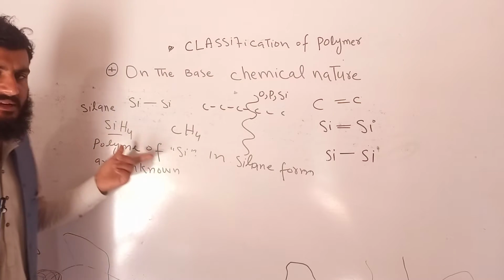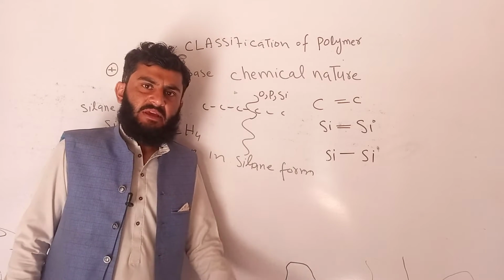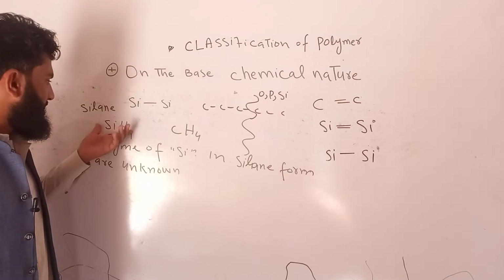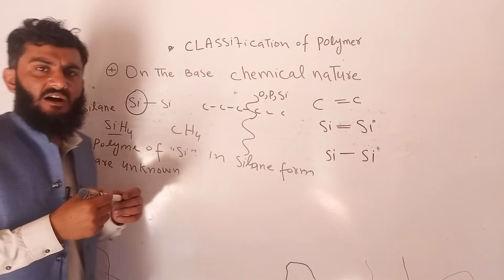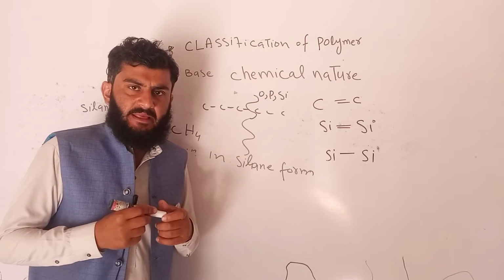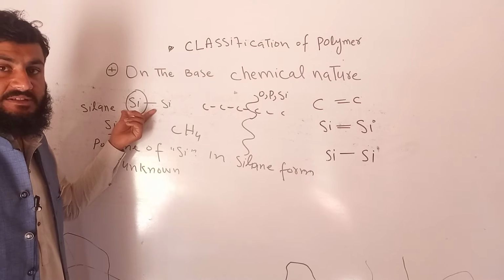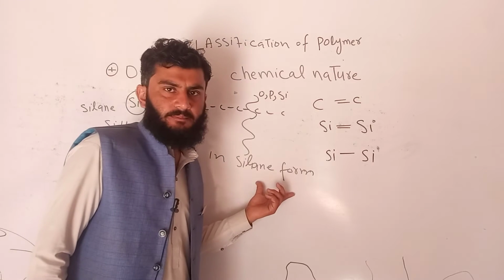While silicon is unstable in long chain form in silicon bonding. It means silicon is unstable in long chain polymer form, so polymers of silicon are unknown in the silane form.